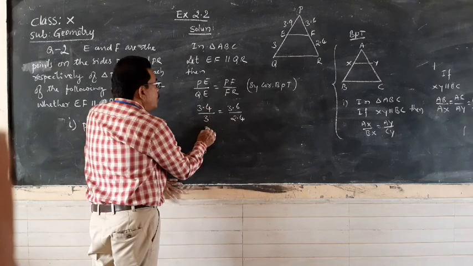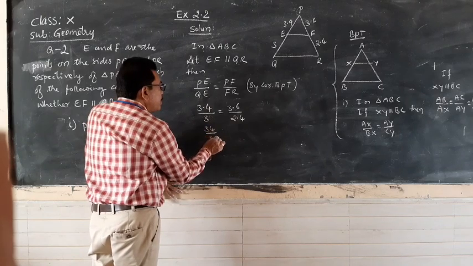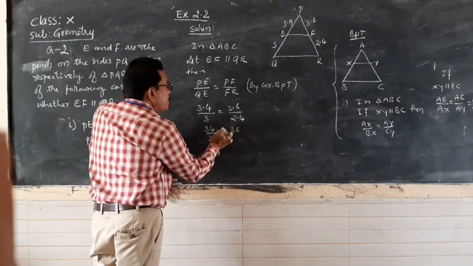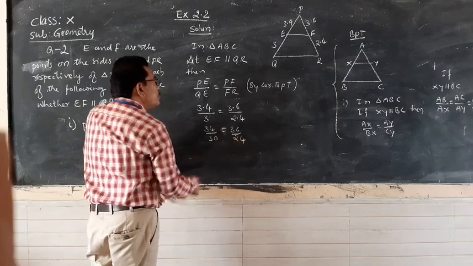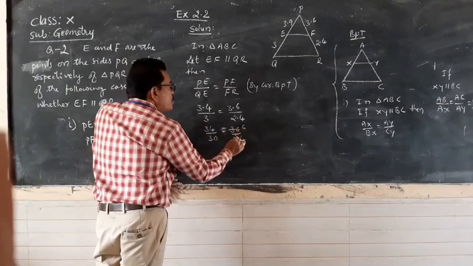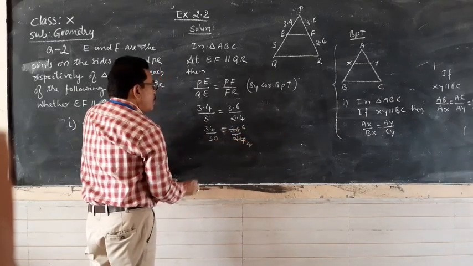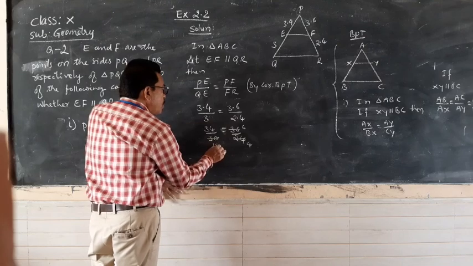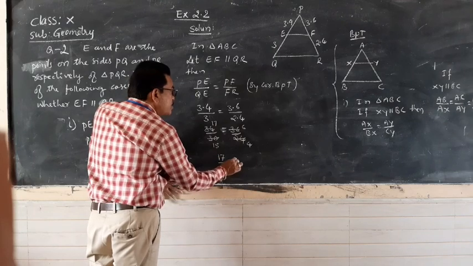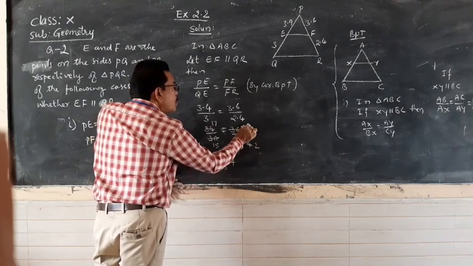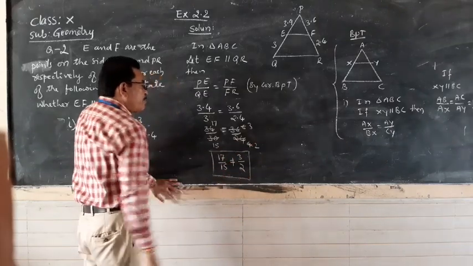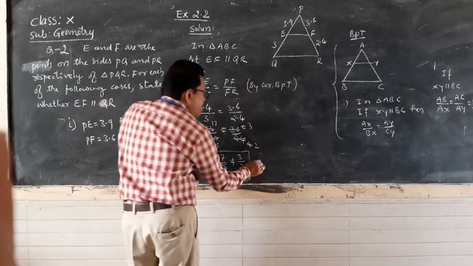Now 34 divided by 30, and here 3.6, that is 36 divided by 24. That decimal has been simplified. 2 17s are 34, 2 15s are 30, so 17 by 15. 12 by 24, 2 12s are 24, 3 by 2. 17 by 15 is not equal to 3 by 2.